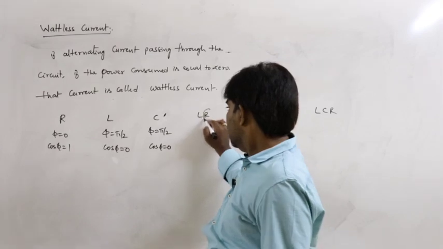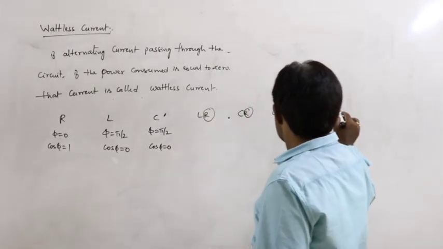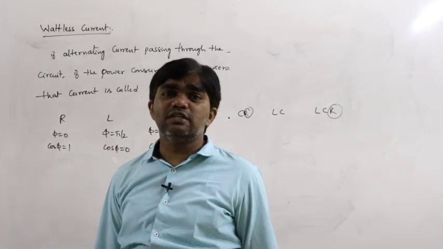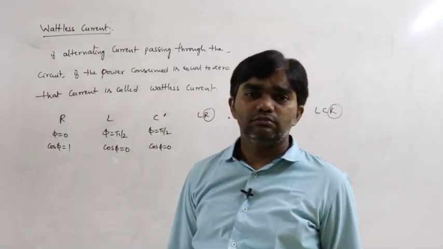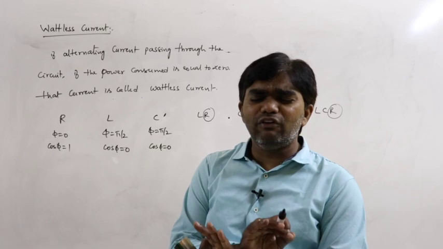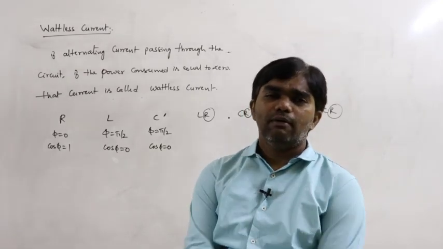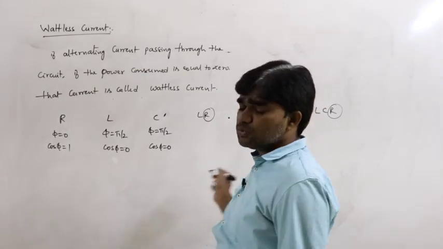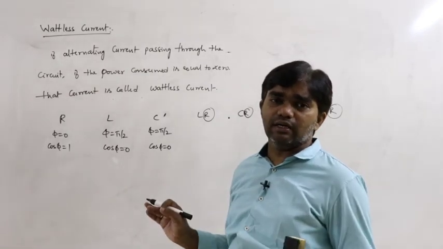LR circuit. So remember one thing, if resistance is present in the circuit, then the power consumed can never be equal to 0. So that's why the current in that situation is not the wattless current.